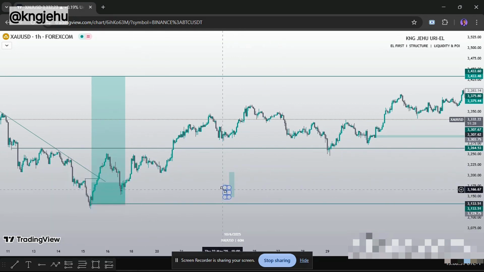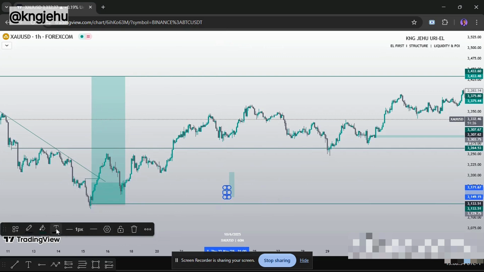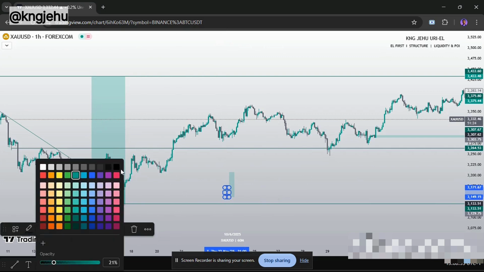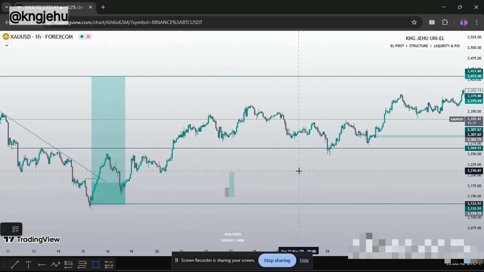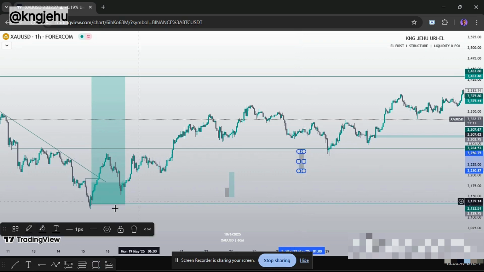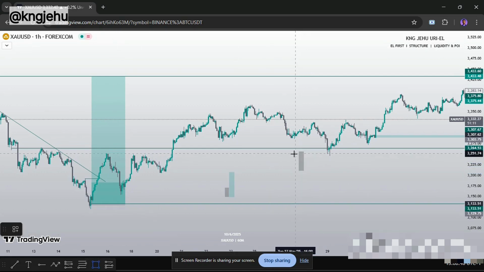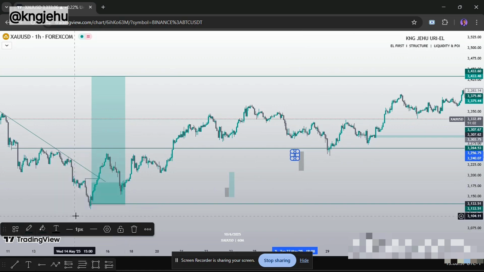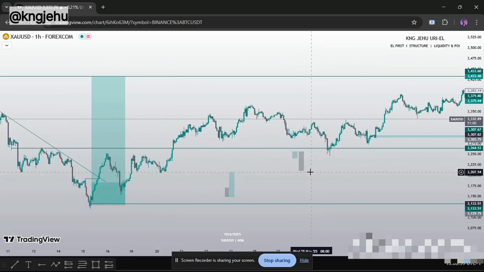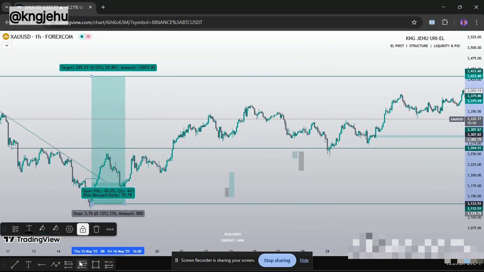So this is just what an order block is: the last bearish candle before an impulsive bullish move, and the last bullish candle before an impulsive bearish move. Let's say this is our bullish candle here. This bullish candle went up right before this impulsive bearish move.